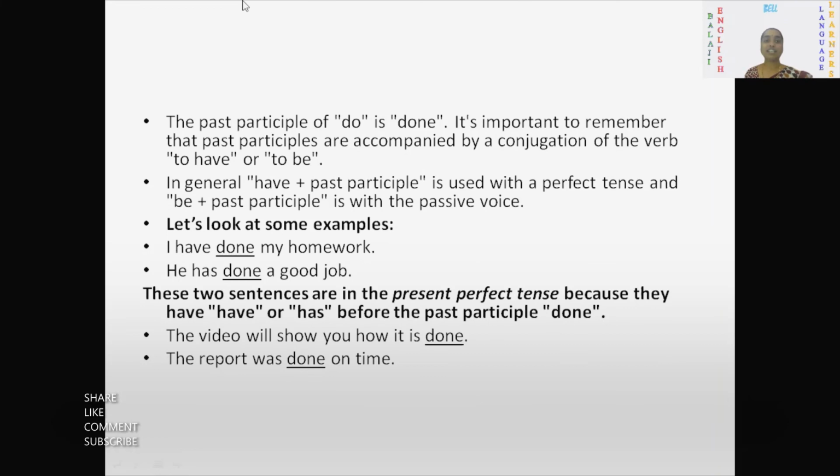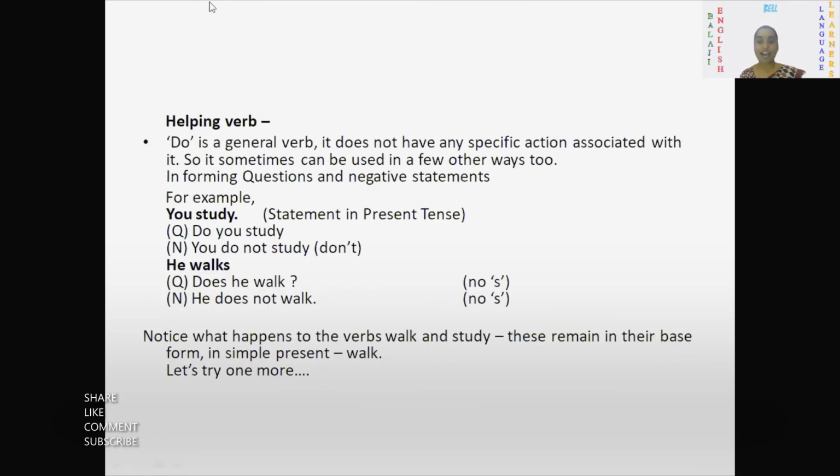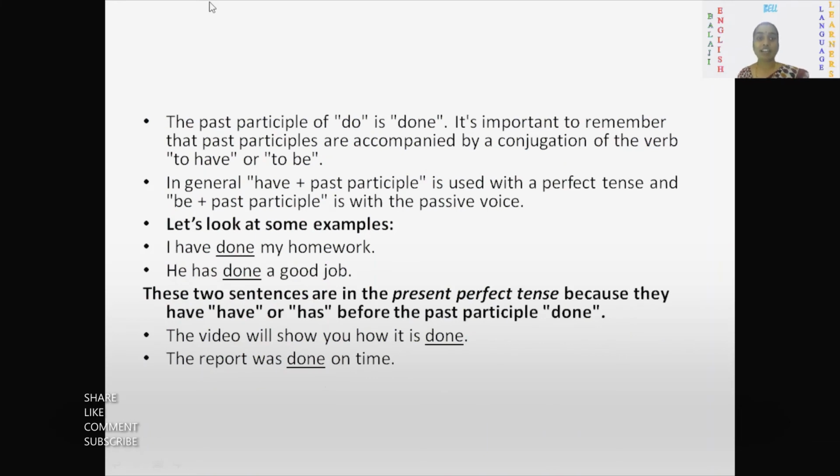Okay, next part is nothing but the past participle of do is done. Yes, the past participle of do is done. Now it is important again to remember, we have to use the words like to have, to be forms for this also, because it is used in a perfect tense.